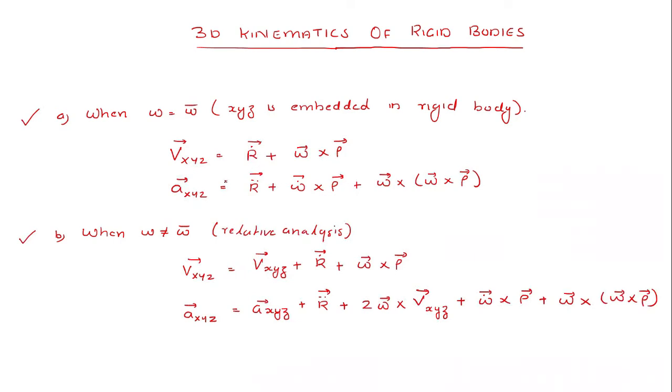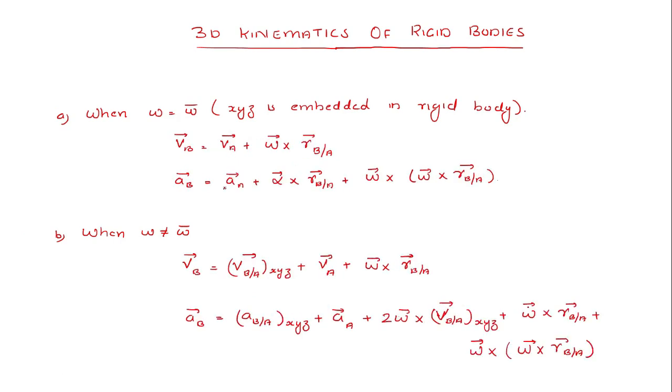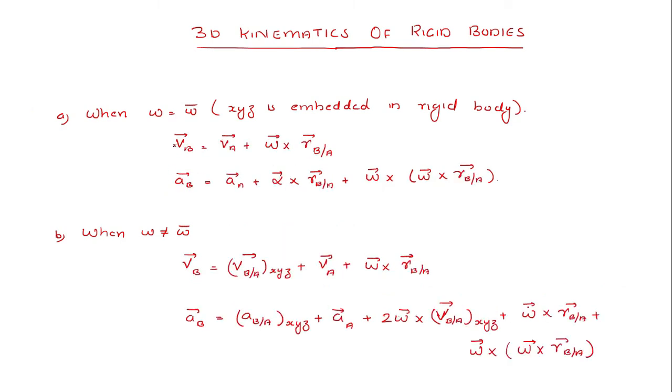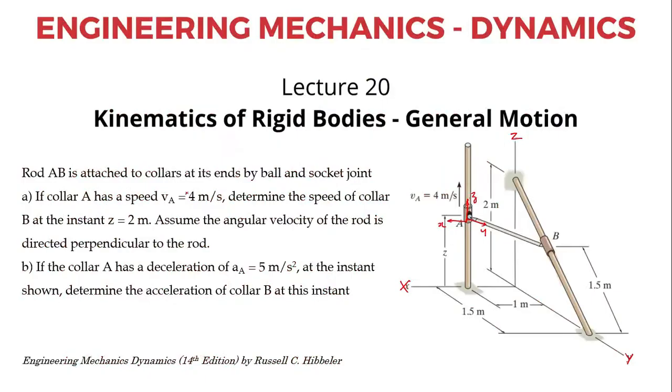The equations we had discussed right now and the equations in terms of relative analysis, both are the same thing. But in order to avoid confusion, I usually go with these equations. It's better to study these equations compared to their relative analysis equations. It becomes a bit difficult to understand. So let me solve the problem.